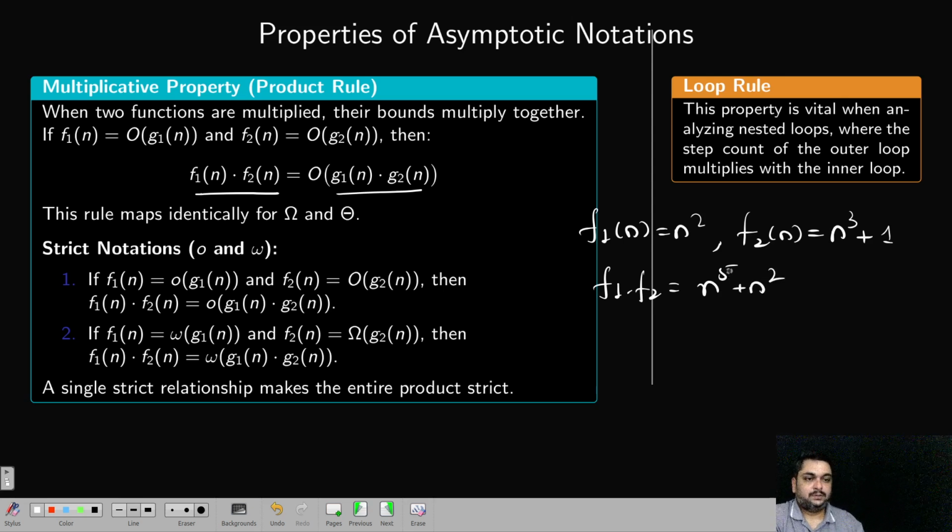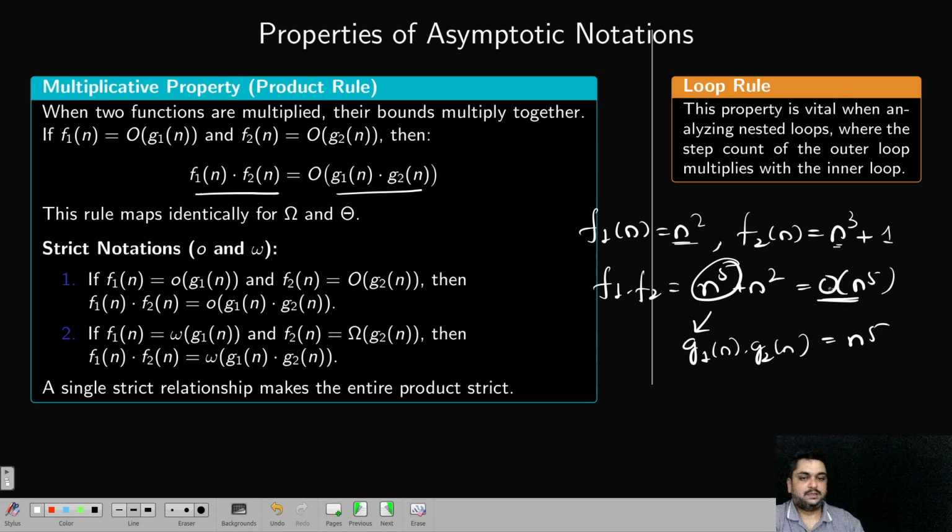So this is nothing but g1 of n into g2 of n. Let us say this is n square, this is n cube, so n power 5. This function is upper bounded by n power 5, because the higher term becomes n to the power 5. That is the reason you take the product of these functions.